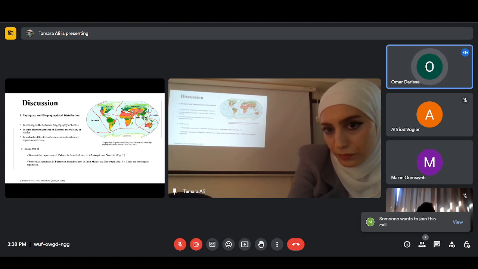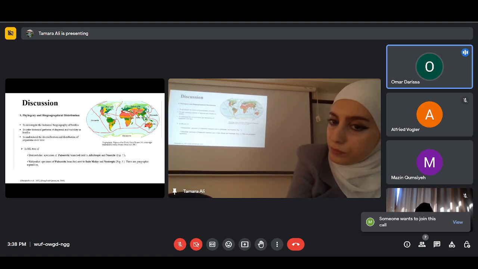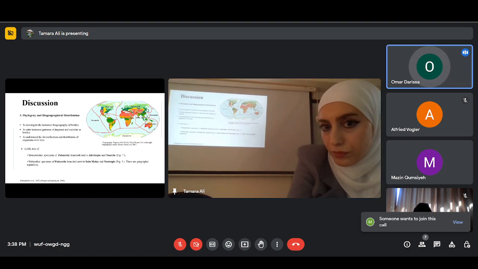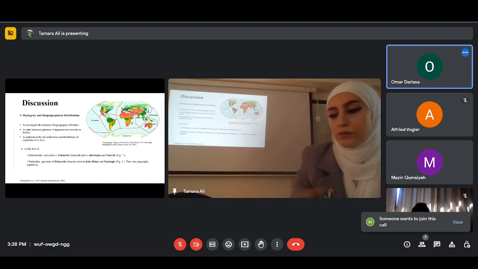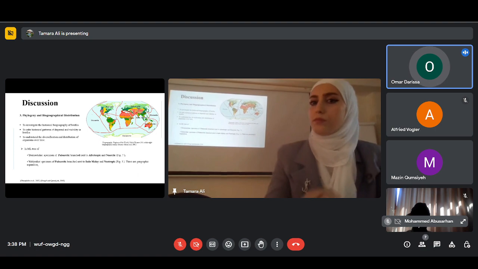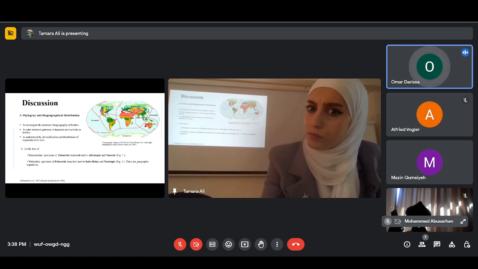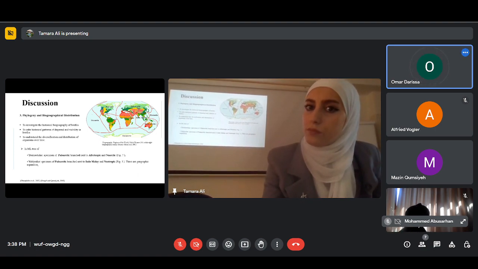So regardless of whether we have 3, 4, 5 different climate zones in Palestine, they are only found here. So the diversity in the climate and the temperature has nothing to do with the diversity of these species, because they are restricted to one zone.